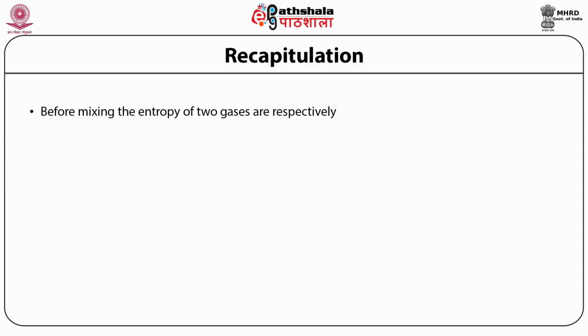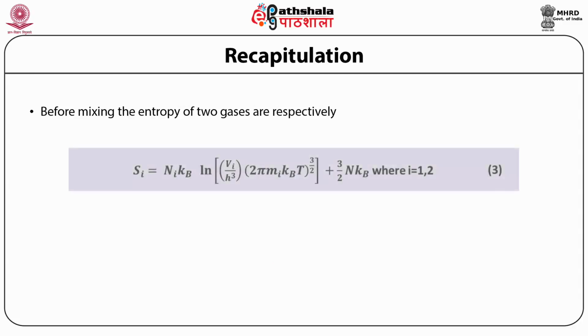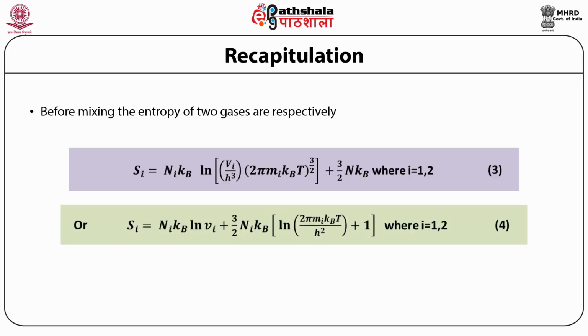Before mixing, the entropy of the two gases are respectively S_i equal to N_i k_B log of V_i upon h cubed multiplied by 2 pi m_i k_B T raised to power 3 by 2, plus 3 by 2 N_i k_B, where i is equal to 1 and 2, or S_i is equal to N_i k_B log of V_i plus 3 by 2 N_i k_B multiplied by log of 2 pi m_i k_B T divided by h squared plus 1, where i is equal to 1 and 2 again.